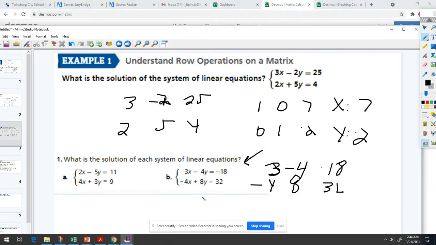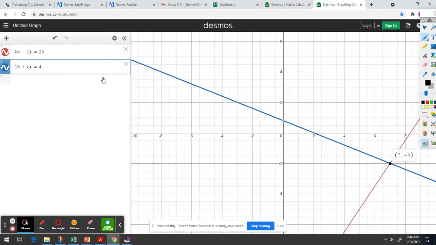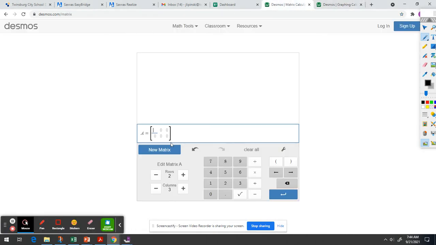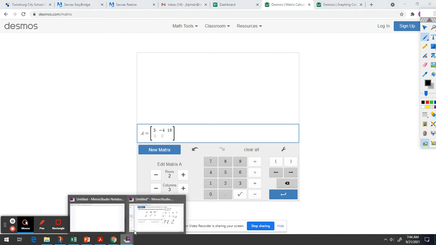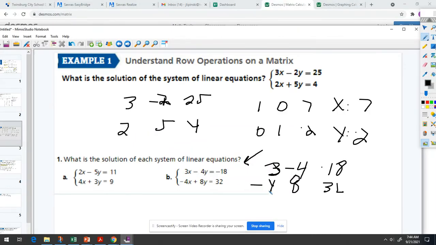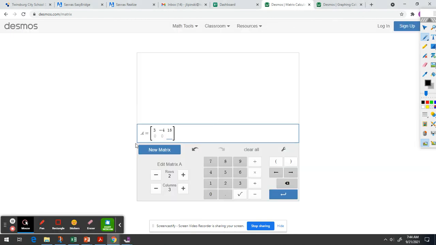Okay, so it was 3, -4, 18, and then the other line was -4, 8, 32.